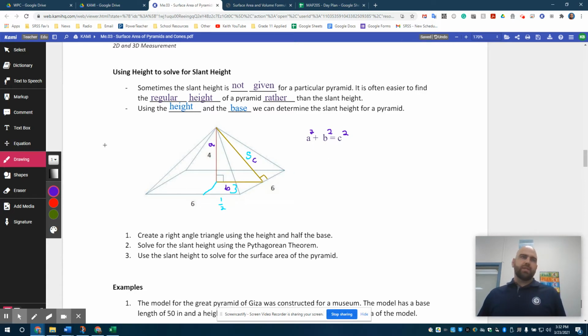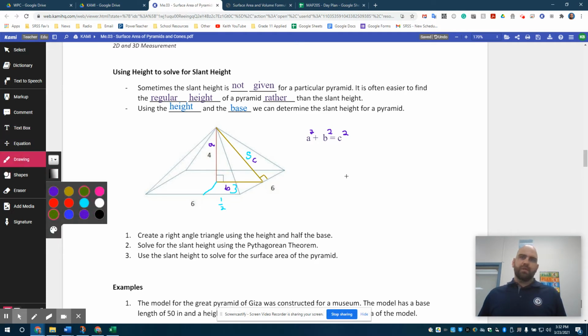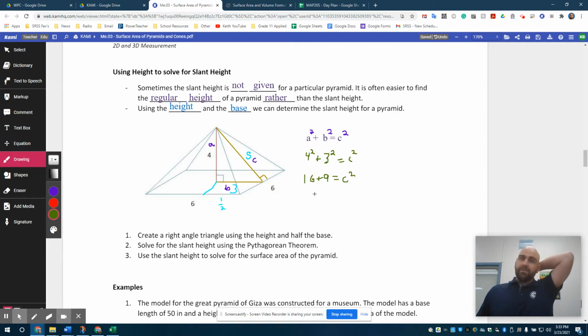When we punch it in, A squared would be 4, so that's 4 squared. Then we add B, which is 3 squared. Remember, that's half of the length. And that's going to equal C squared. 4 squared is 16. 3 squared is 9. We add this together, this is 25, still equal to C squared.